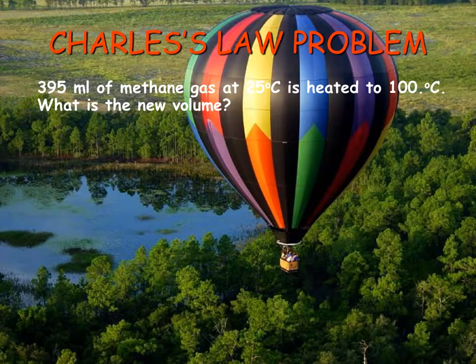Okay, so let's try this Charles's law problem. 395 milliliters, which we know is a volume, so I'm going to record that as V1. Of methane gas at 25 degrees Celsius. So there's my T1. However, we have to be sure we always use Kelvin.